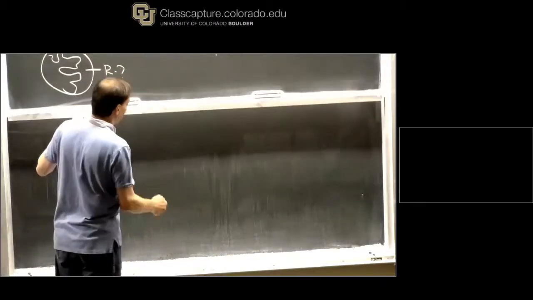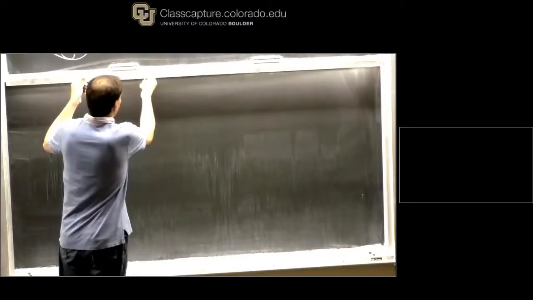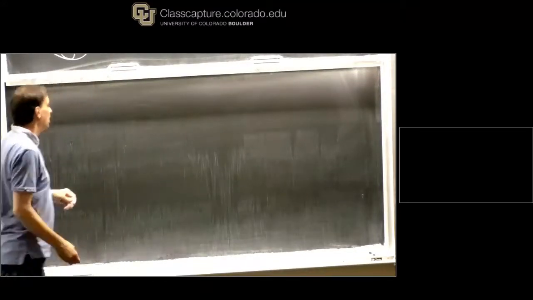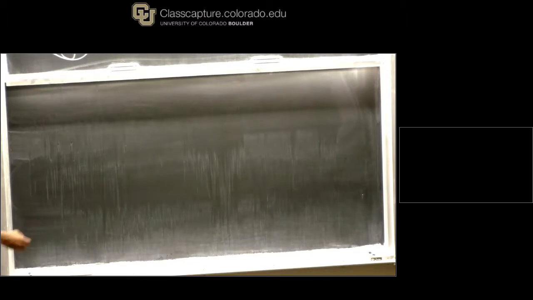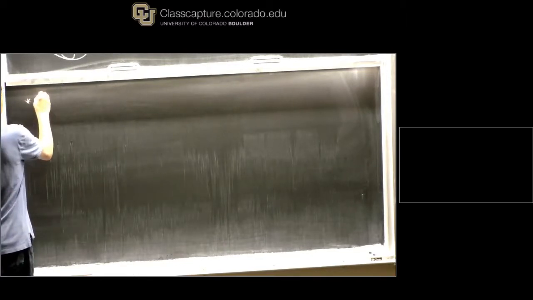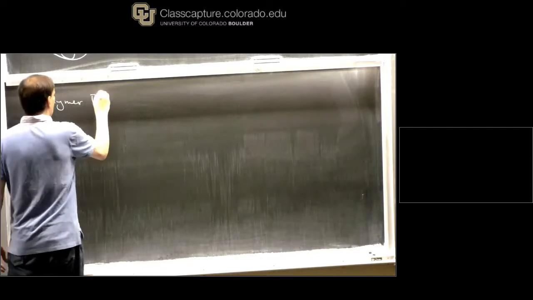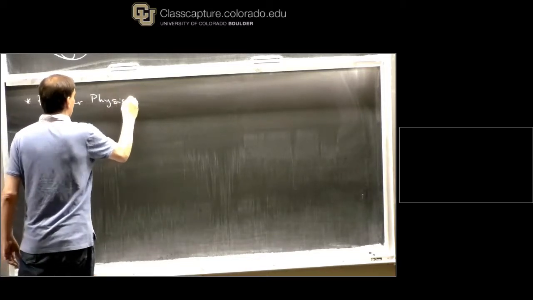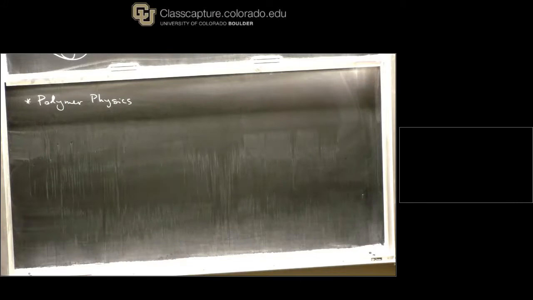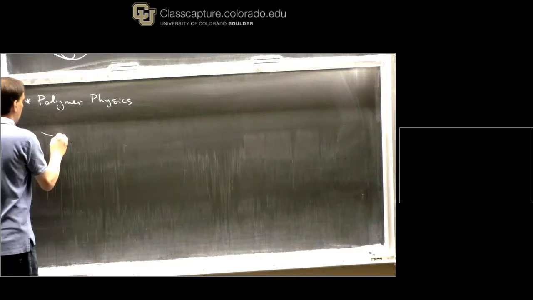So to do this, I need to start talking about polymer physics, so that's going to be a little deviation to polymer physics. And again, I'm sure many of you have heard this in your classes, but I'll just repeat this. So what's a polymer? A polymer is a long molecule, and there are many different classes of polymers chemically.